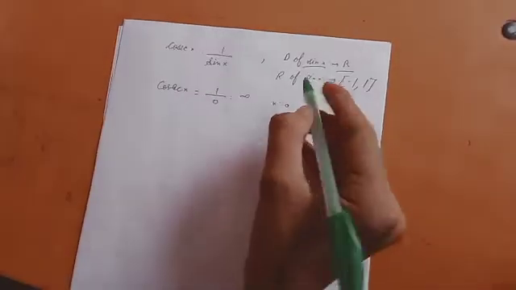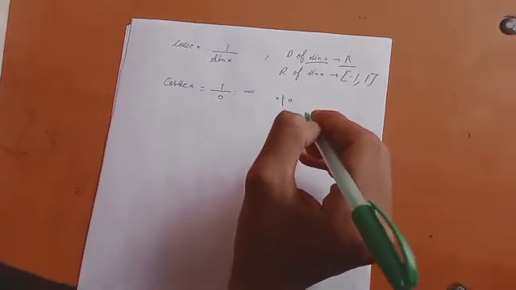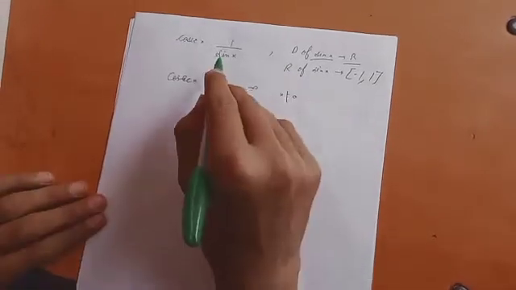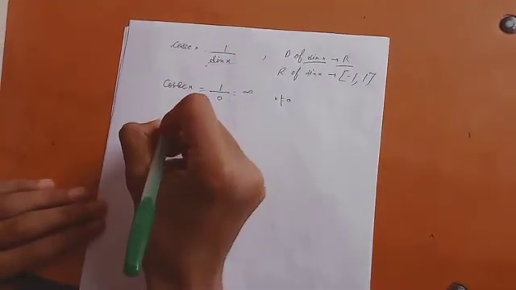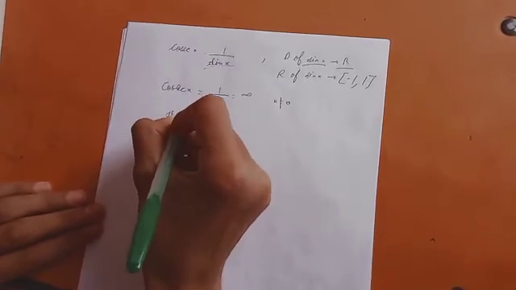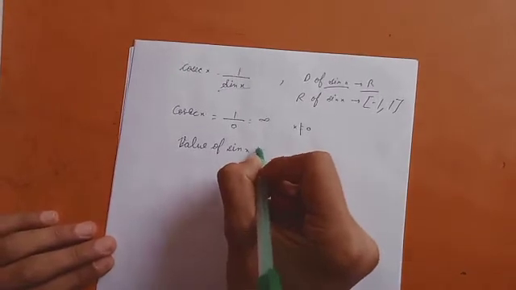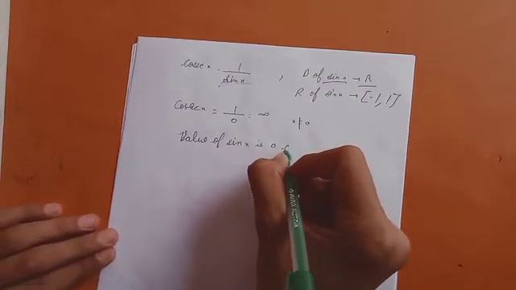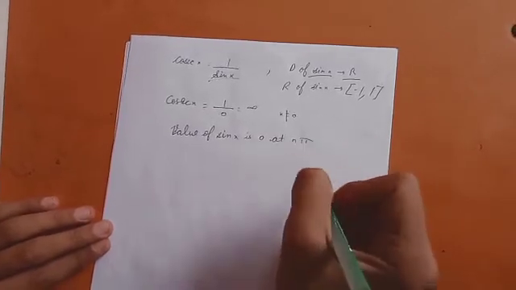So we cannot put the value of x equal to 0, and we all know that the value of sin x is 0 at n pi.